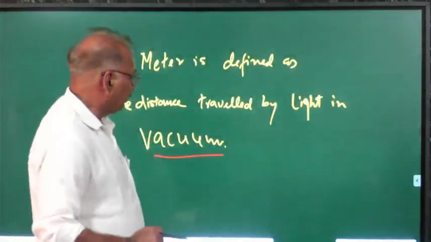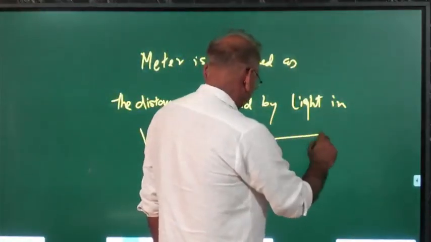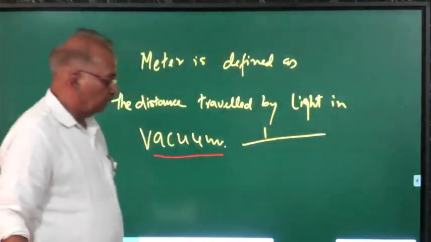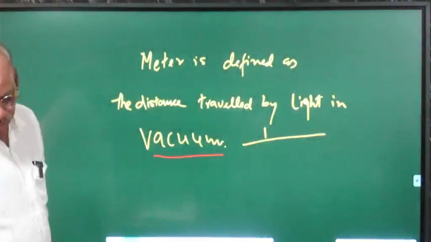In 1 second, how much distance does a light ray travel? 299,792 and so on.